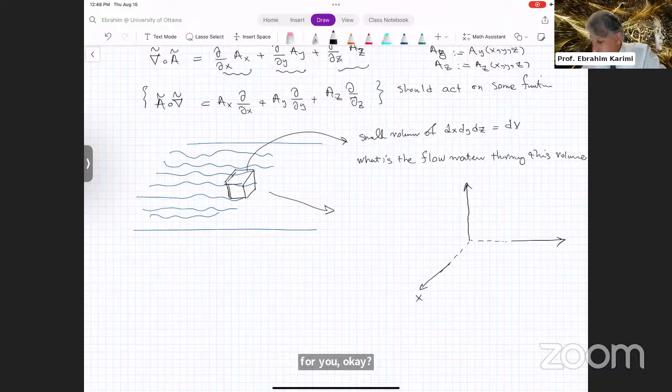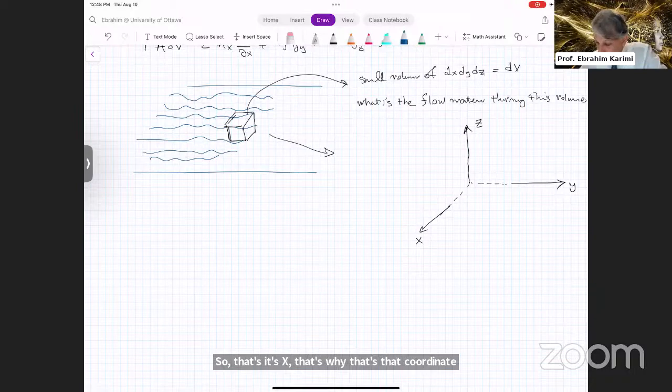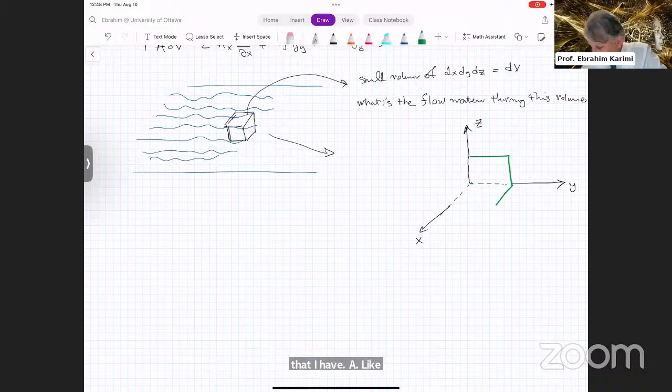So that is X, that's Y, that's the Z coordinate that I have. And the box that we just discussed is like this, like that.